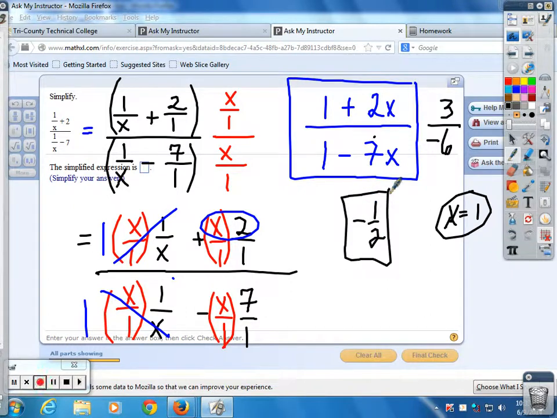Let's plug in 1 over here. 1 over 1 is what? 1. 2 over 1, that's what? 2. 2 plus 2. And 1 over 1 is 1 minus 7. 3 over negative 6, which is, get the same thing. Only this has got all the stuff on it. This doesn't.